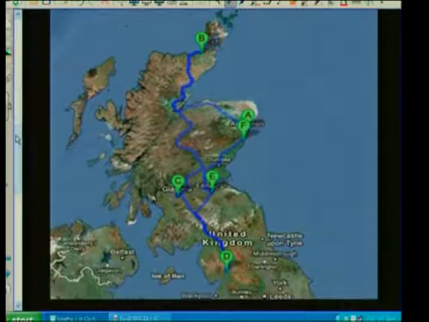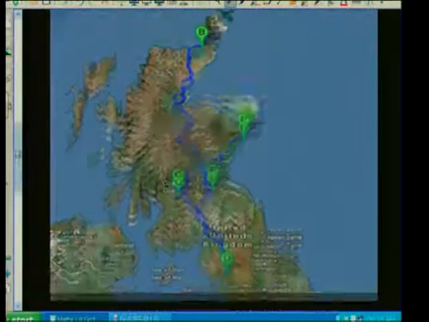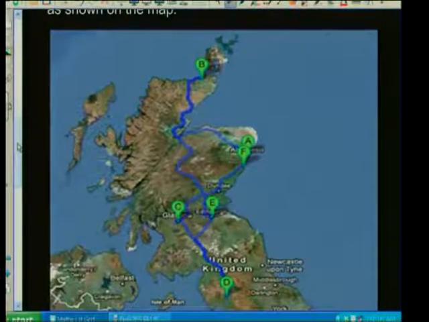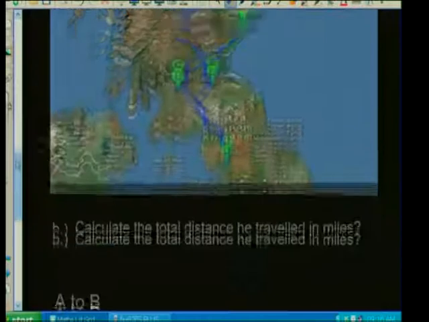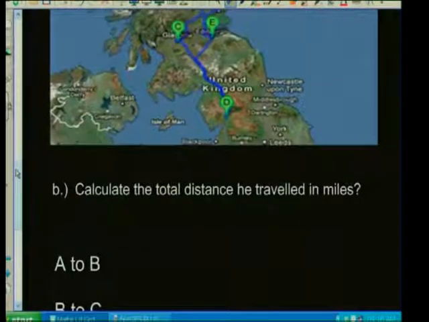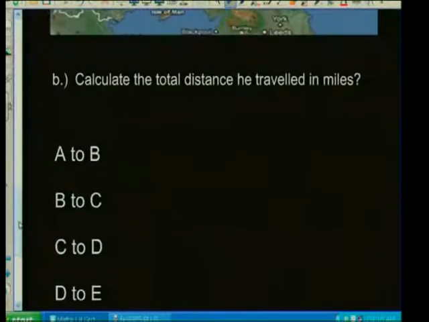So there's our map, and he goes from A to B to C, D, E, F, and then back again. Calculate the total distance he traveled in miles. The question has broken it down for us. Each part of our section has been broken down because our total distance will be every single part of the section added together. So let's do A to B.